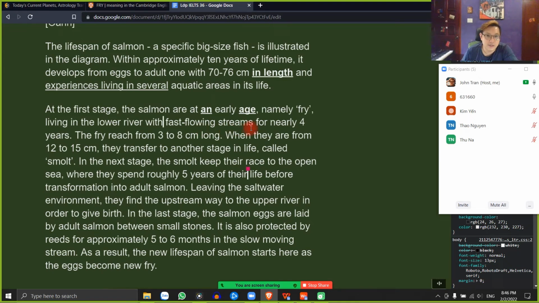For nearly 4 years. Fry reach. What do you mean? I don't understand this. Reach to its length.